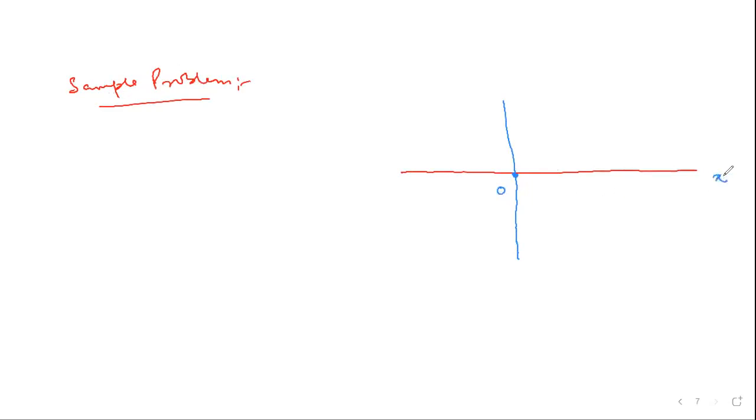This is x axis. This is y axis. So let this be my 1, 2, 3, 4, 5, right?